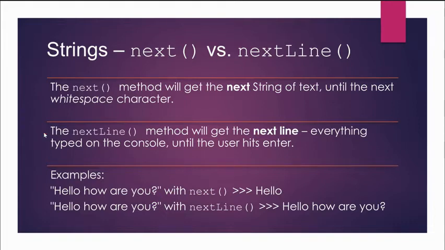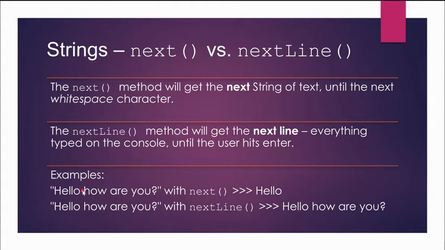As soon as the user hits the enter key, that terminates the end of the particular line that the person is typing on, and it will cause the nextLine method to retrieve everything on a given line. So it's good to see this in an example. If the user typed in "hello, how are you", and you called next, it would only capture the word hello because hello is followed by a space.